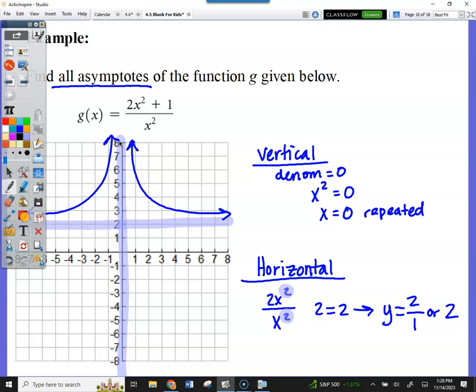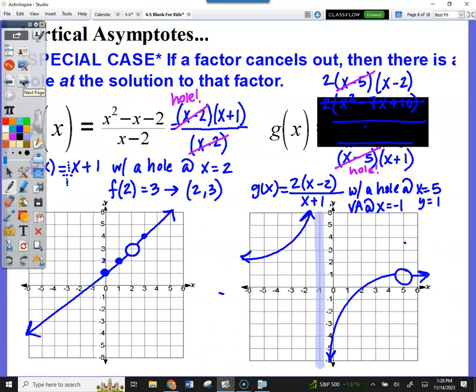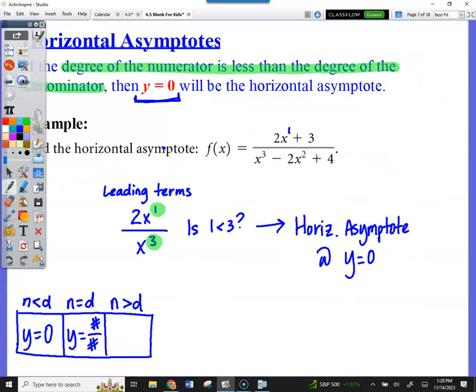I want us to do the last scenario. We have not covered the last scenario, so I'm going to arrow back to that slide where I do the little 3 boxes. This is for horizontal asymptotes.